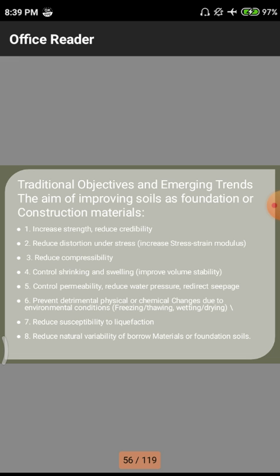Next one is to reduce the natural variability of borrow materials or foundation soils. Borrow materials means in some cases we are transferring a particular kind of material to different fields for filling purposes.